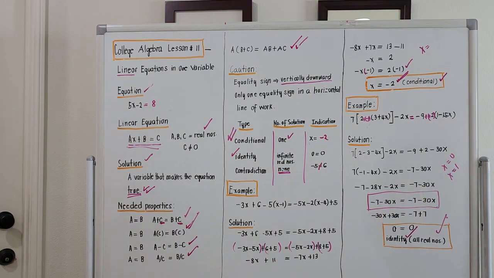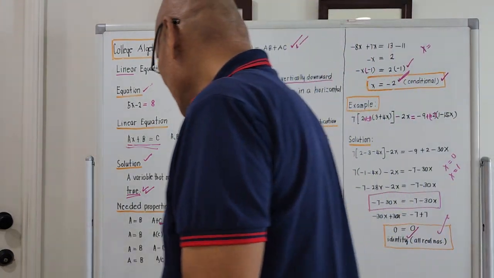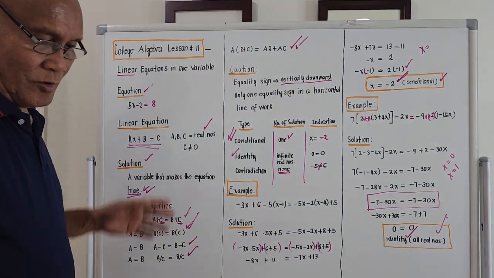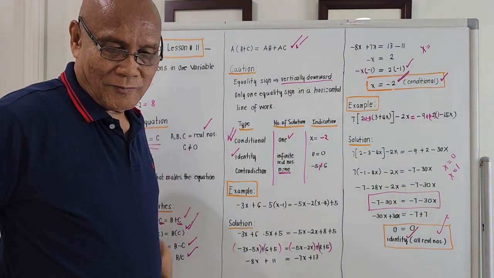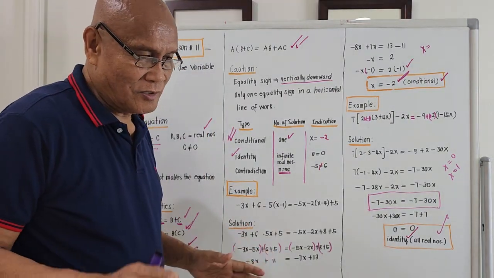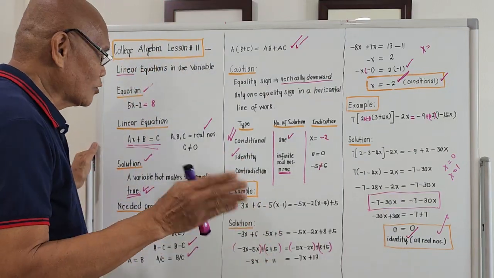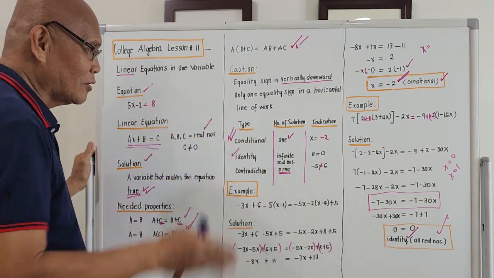That's it, guys. That's the solution of a linear equation. For those of you who are taking up college algebra, this is for you. This is now the proper way to solve a linear equation in one unknown.